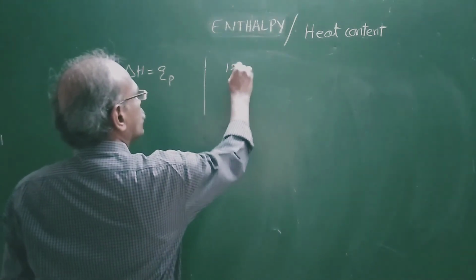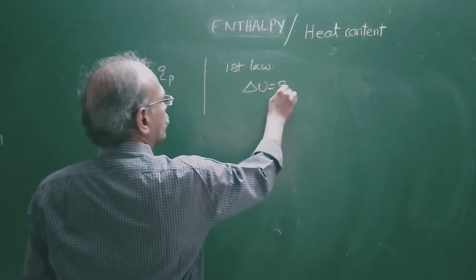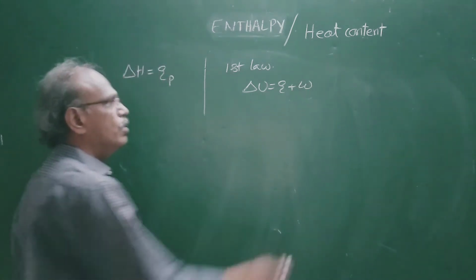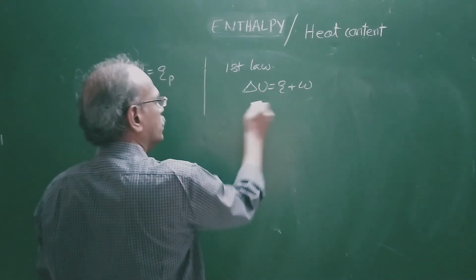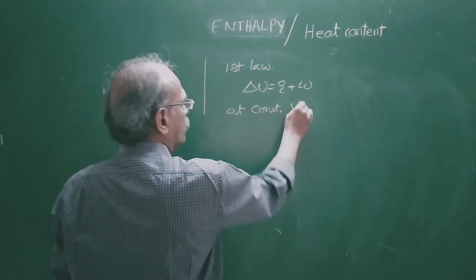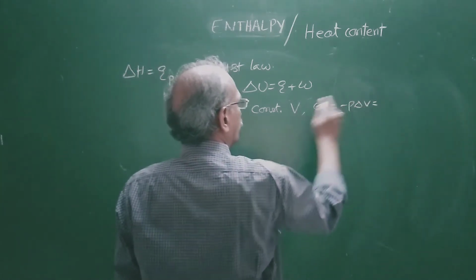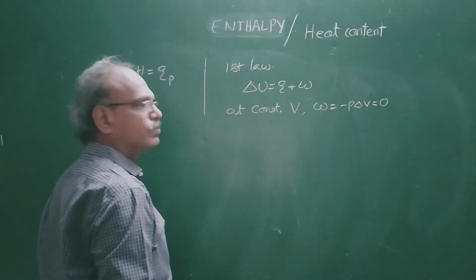According to the first law of thermodynamics, delta U is equal to Q plus W. If there is no change in volume, at constant volume, delta V is 0, so W is 0.